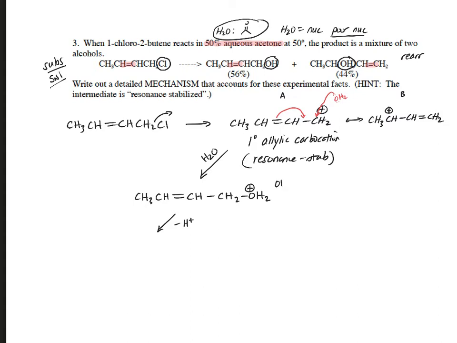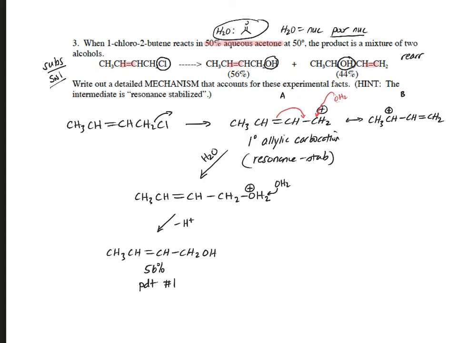The way it gets lost is another water molecule comes and grabs it off of there. That would give me CH3, CH double bond CH, CH2OH. And if you take a look, that is the first product, and they say that's 56%. That's product number 1.